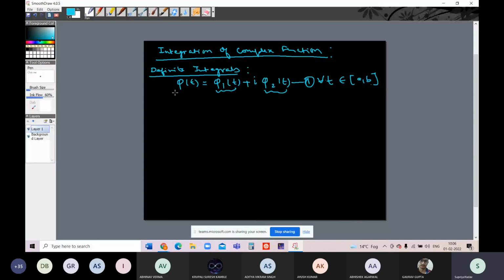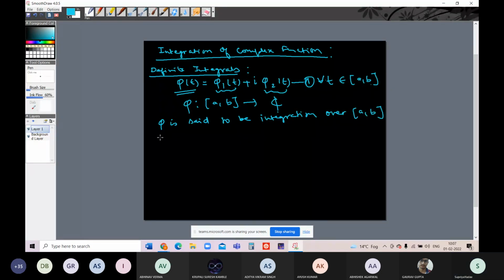Okay, so this function phi t, which is the complex valued function, we can say that this is a function from this interval a b to complex plane C. So this function phi is said to be integrable over this interval a b if its real and imaginary parts phi1 t and phi2 t are integrable over the interval a comma b.